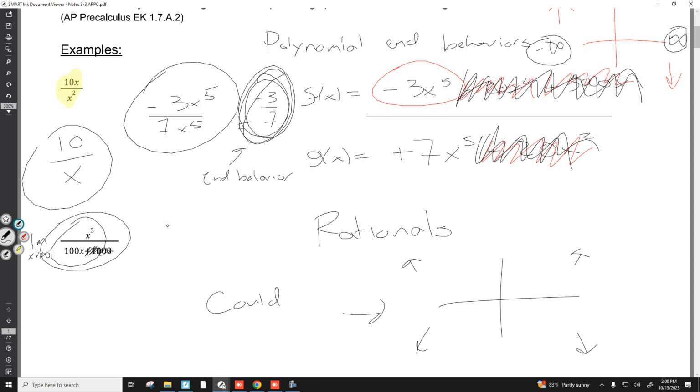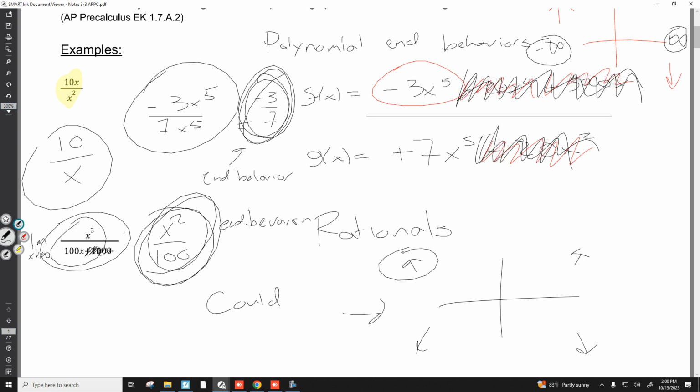You get x squared over 100, which actually means, oh, hey, that is my end behavior. I'm going to be up and up. You actually know that, like just by understanding the rational, you divide it, boom, I get x squared. Oh, I know x squared's end behavior is this.